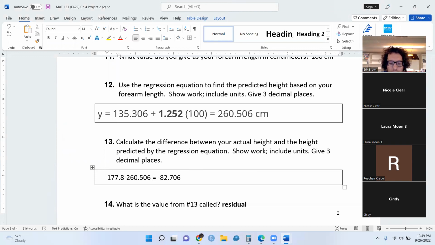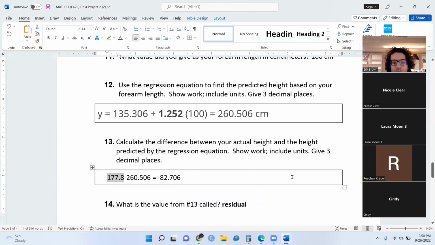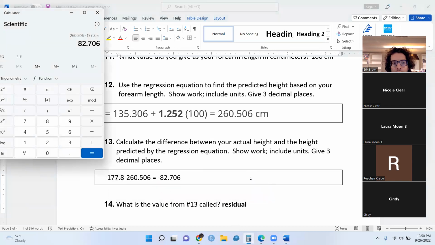If we did the numbers that we had been using, the 100 centimeters, would that be a negative 126.20 or 0.20? Oh, I used the wrong number here. I used 135.306 minus the 260.506.